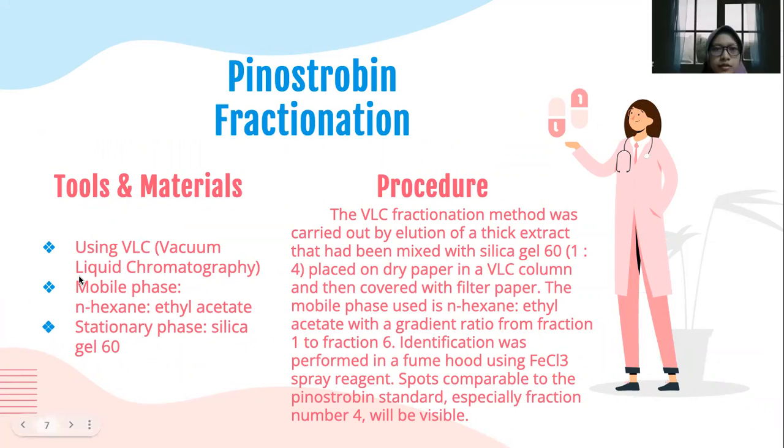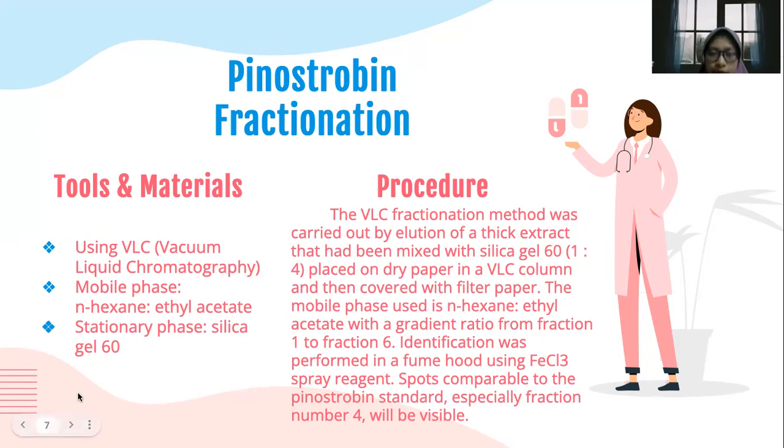And the next is pinostrobin fractionation. The tools and materials consist of VLC, or vacuum liquid chromatography, and the mobile phase is N-hexane with ethyl acetate, and the stationary phase is silica gel 60. For the procedure, the VLC fractionation method was carried out by elution of a thick extract that had been mixed with silica gel 60, placed on dry paper in a VLC column, and then covered with filter paper.